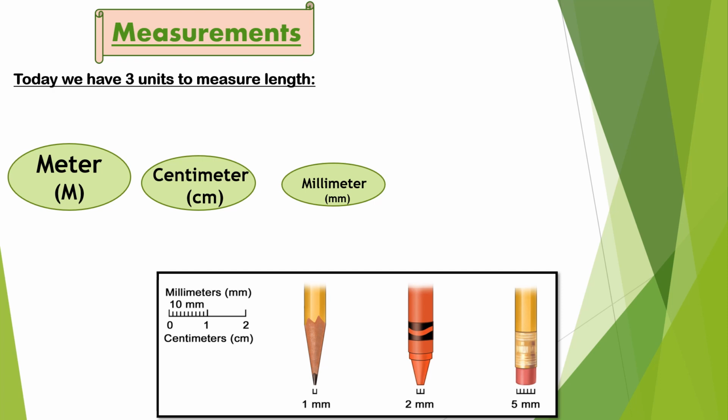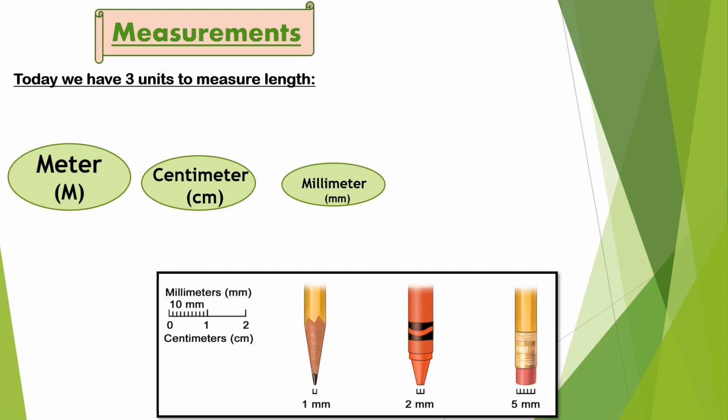Here we find our pencil, our crayon, our eraser. Our pencil here, its front end is 1 millimeter, and this crayon 2 millimeters, and this eraser 5 millimeters.